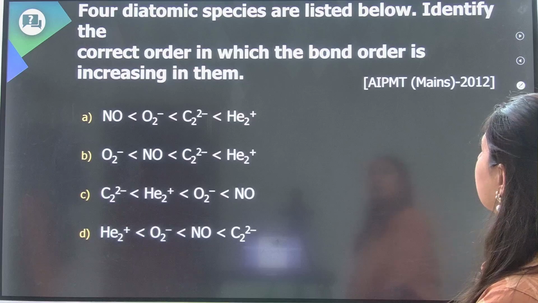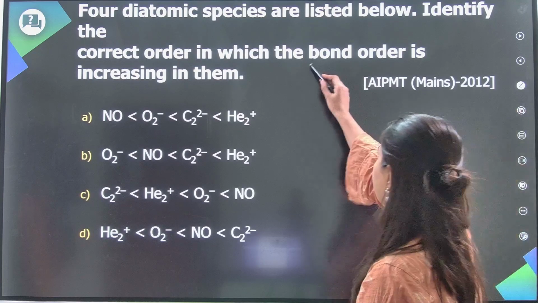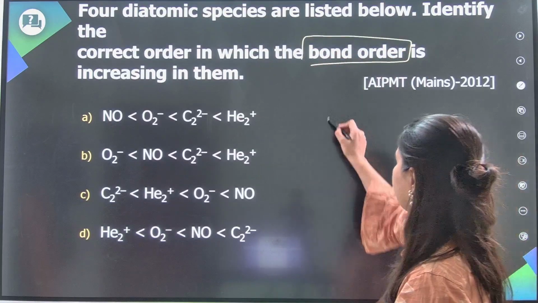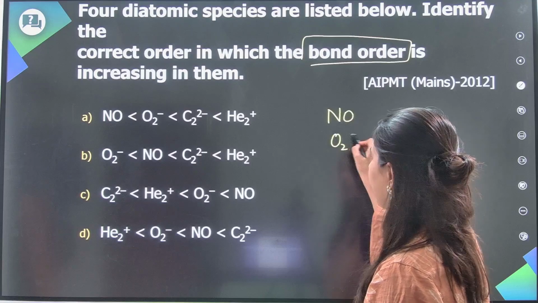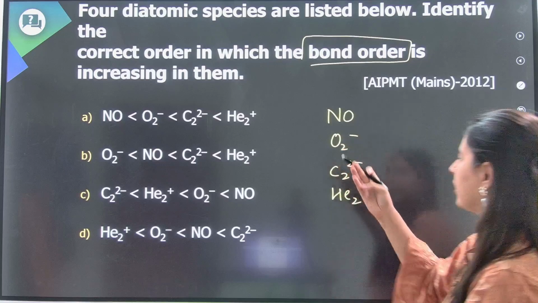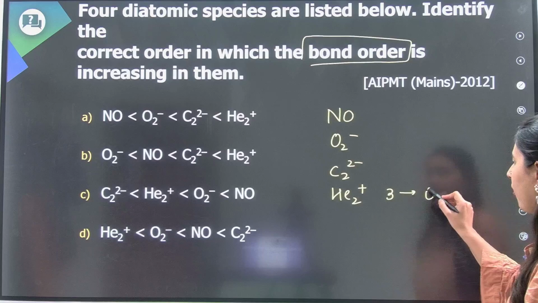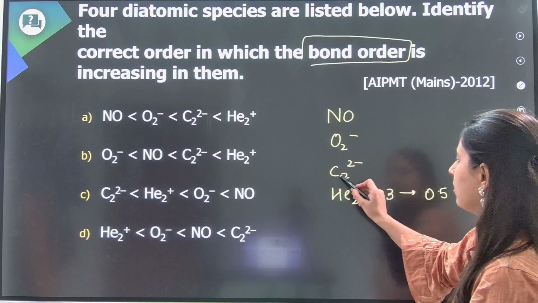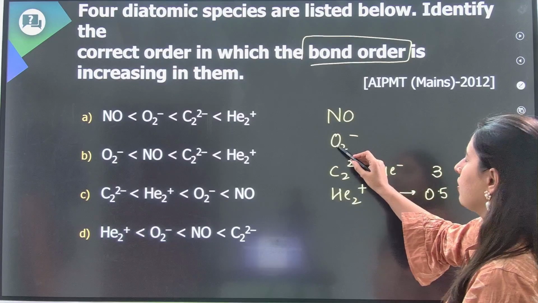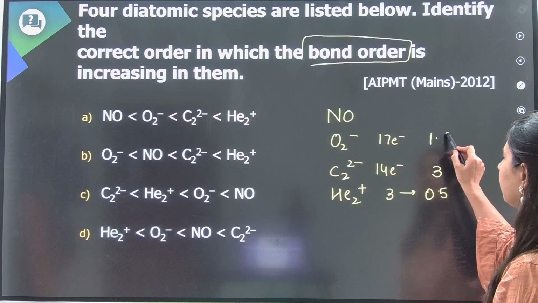All right. Easy. Another question, let's observe. Four diatomic species are listed below. Identify the correct order of bond order in increasing order. So we have NO, O2 minus, C2 2 minus, He2 plus. So He2 plus: 4 minus 1 is a 3 electron system, 0.5 bond order. C2 2 minus: 12, 13, 14 electron system, bond order is 3. O2 minus: 16 plus 1, 17 electron system, bond order is 1.5.